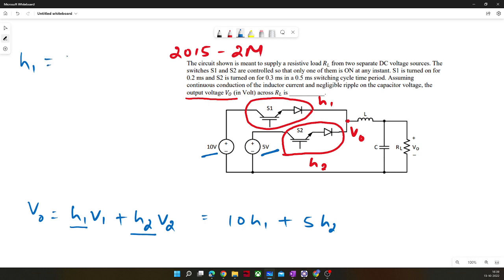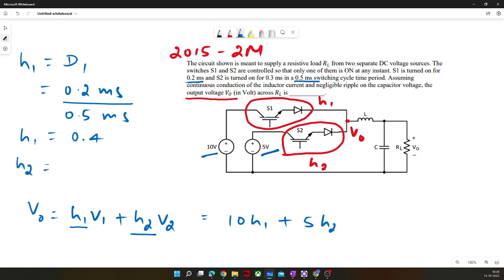The average would be D1, and it is given that it is turned on for 0.2 millisecond out of 0.5 millisecond time period. It would come out to be 0.4. So H1 you can put directly as 0.4. Now for H2, H2 is turned on for 0.3 millisecond out of 0.5, so it will be 0.6.